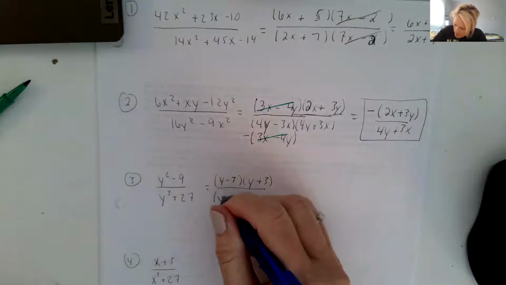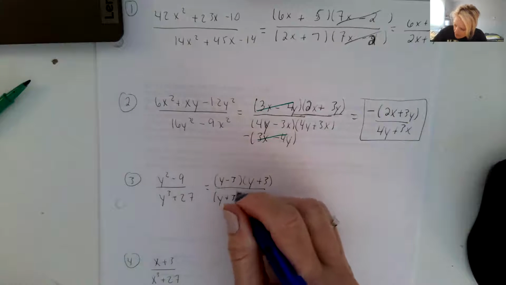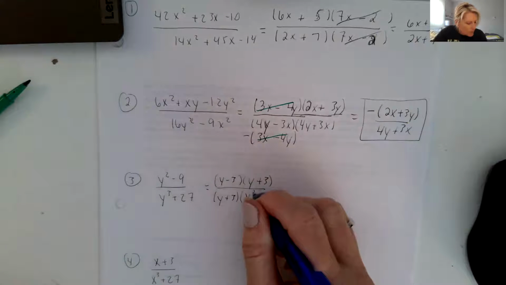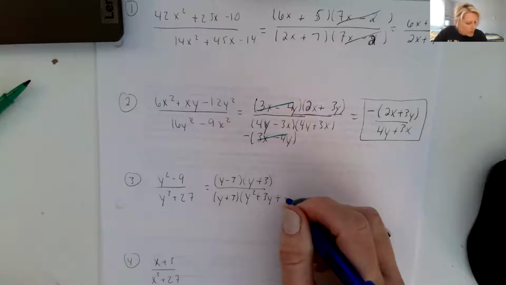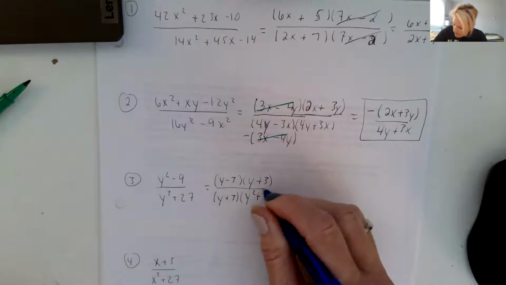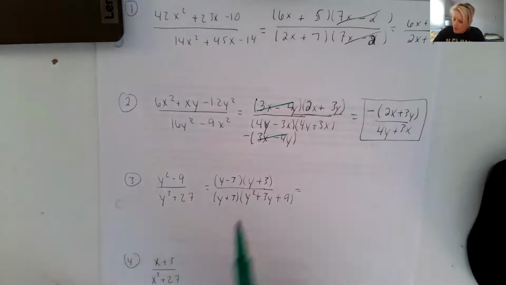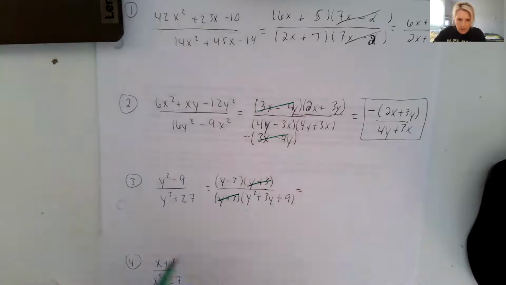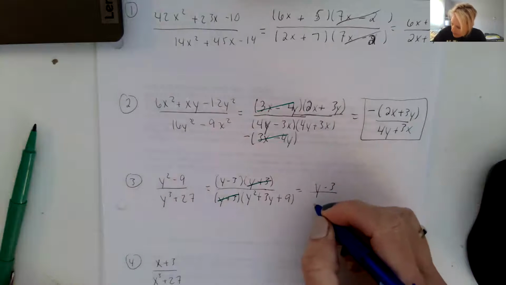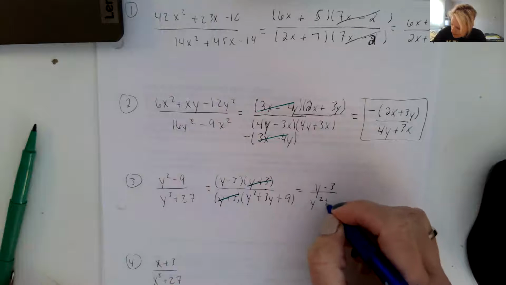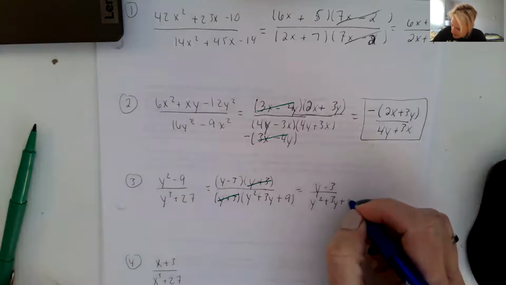A plus b, so y plus 3 times y squared plus 3y plus 3 squared, so 9. And so the binomials cancel. So we're left with y minus 3 over y squared plus 3y plus 9.